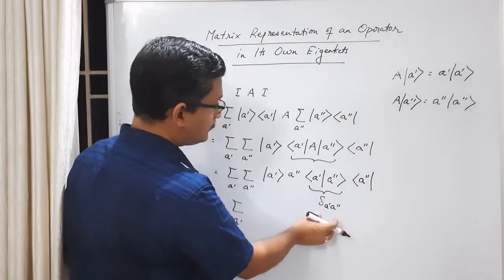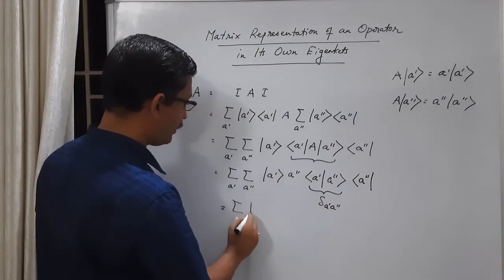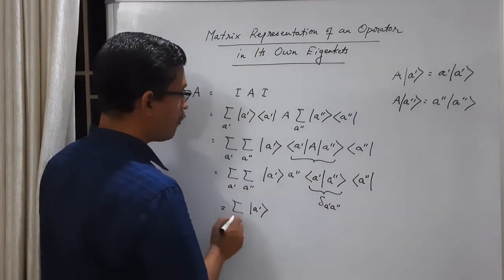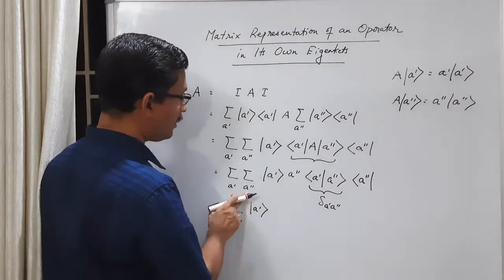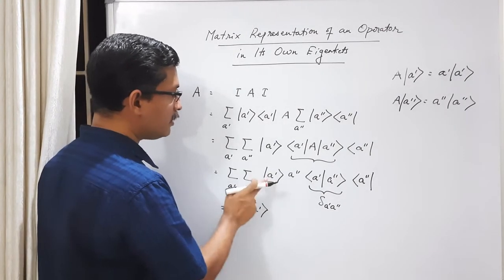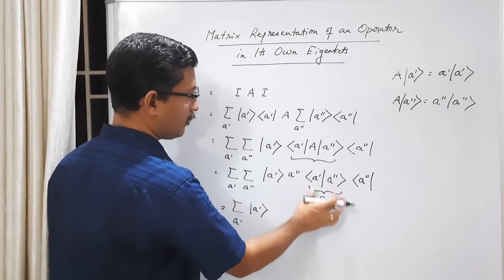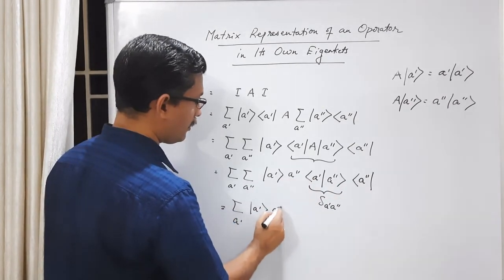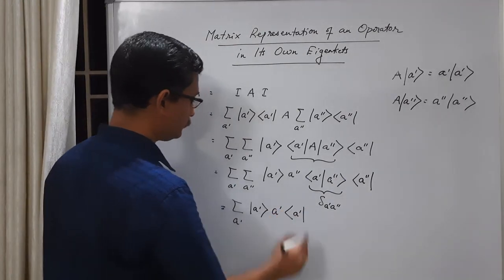Okay, so what are the other terms? Already you have an A' here. Then for the summation over A'', where A'' is equal to A', you have to put it here and here also. This term will be 1. So here you have A', and here also you have bra vector ⟨A'|.